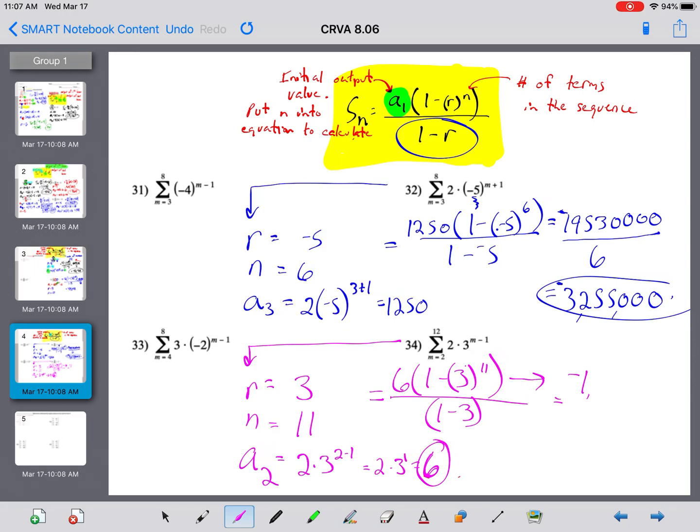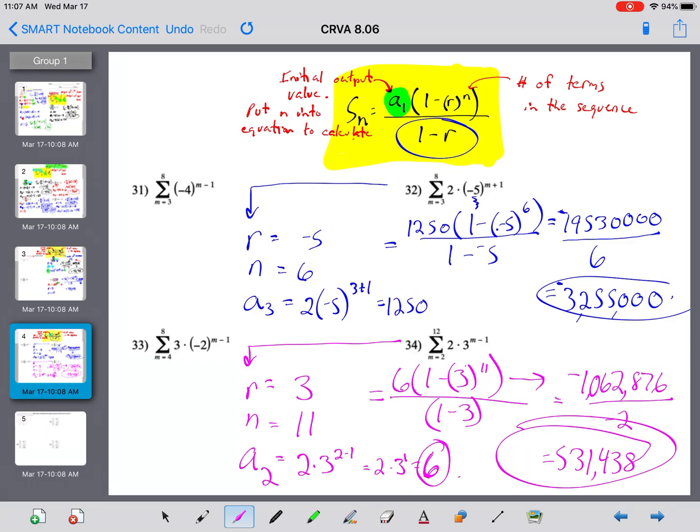Negative 1,062,876 divided by negative 2, because 1 minus 3 is negative 2, you get 531,438. There we are, folks. We can do these geometric series sums, segment notation. It's all good stuff.